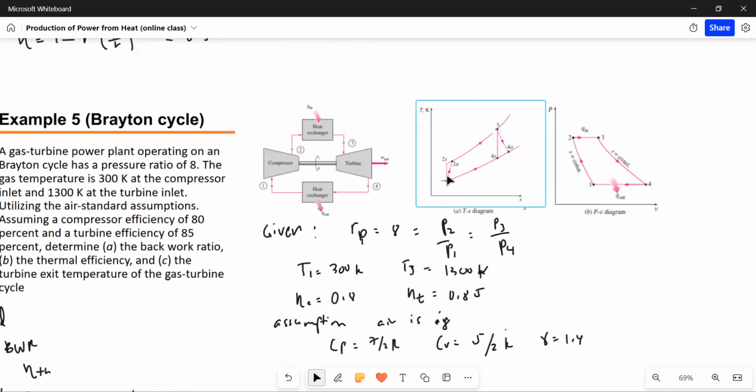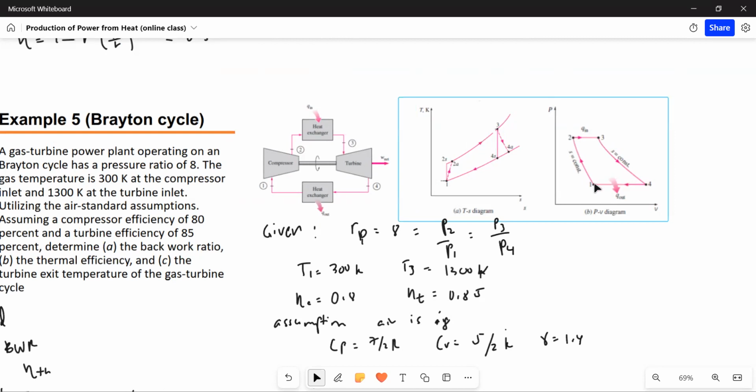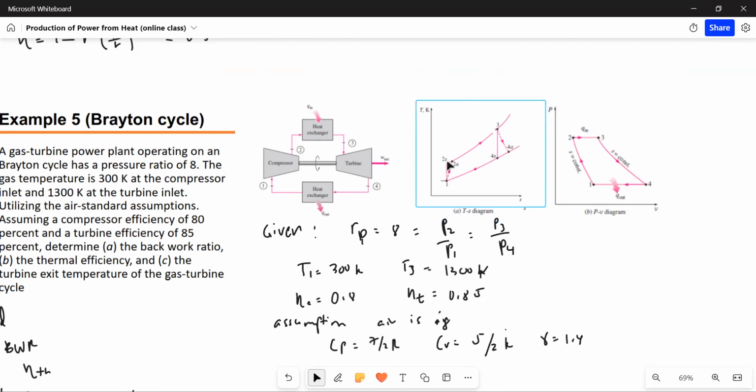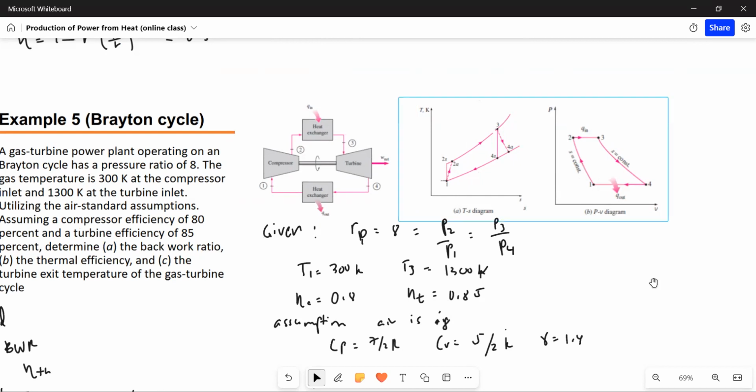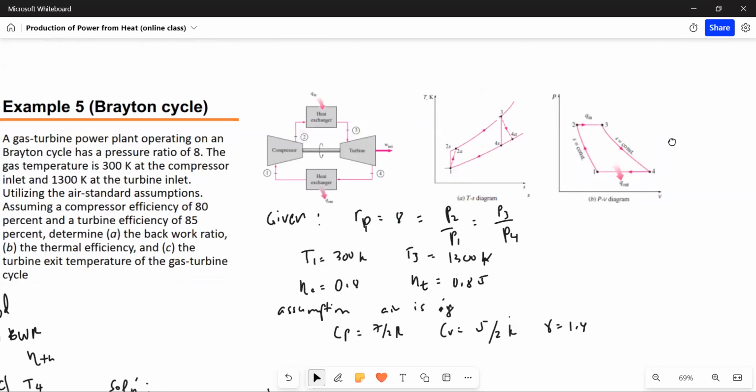What we want to know is the actual work, but we can first solve the ideal work by assuming isentropic compression and then using the efficiency to solve the actual work. If we assume isentropic compression, what equation can we use?